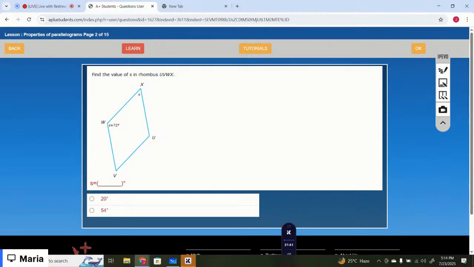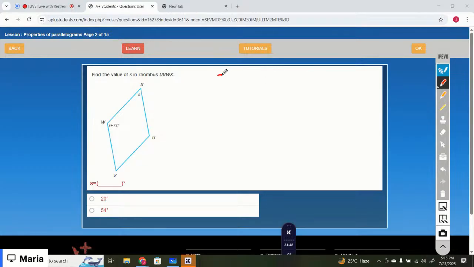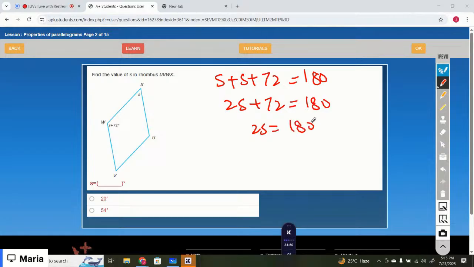So S plus 72 degrees plus S equals 180. 2S plus 72 equals 180. 2S equals 180 minus 72.